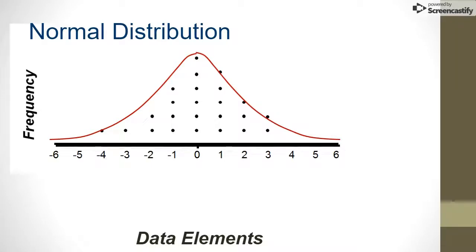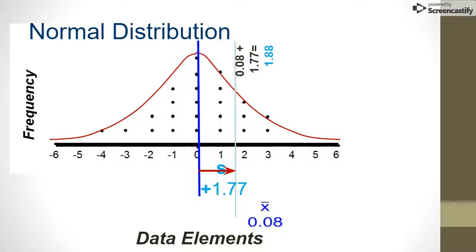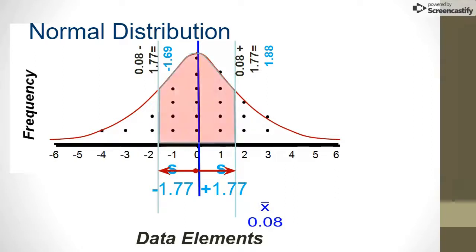If we add the standard deviation, 1.77, to the mean, 0.08, we find the upper limit of this range, 1.85. If we subtract 1 standard deviation from the mean, we find the lower end of this range, negative 1.69. This tells us that 68%, or about 2/3 of the data, will fall between negative 1.69 and 1.88.